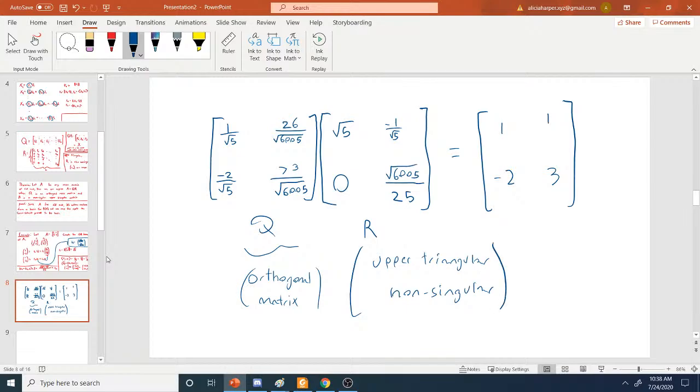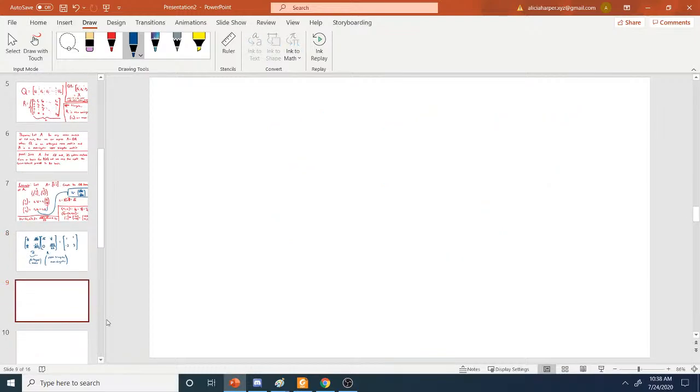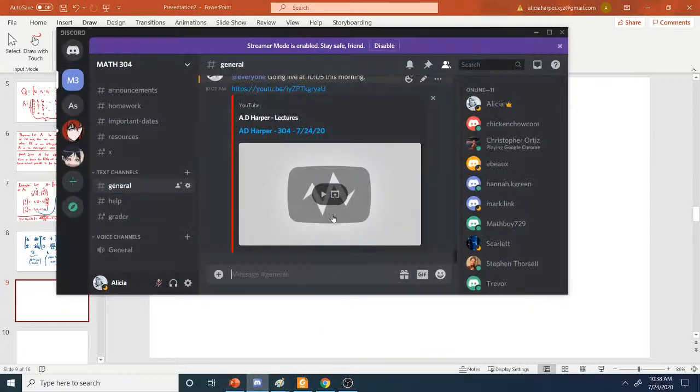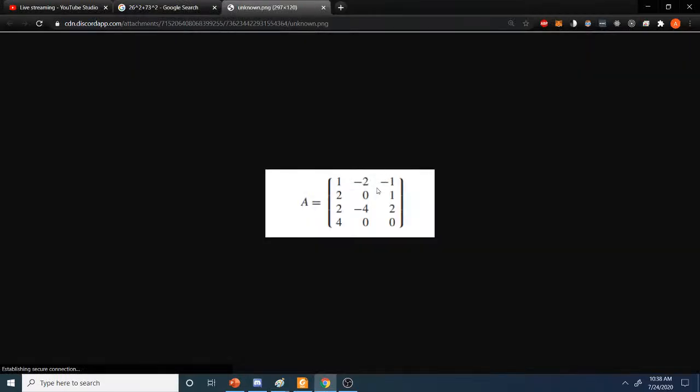Let's do another example. Well, actually, maybe I'll adapt one of the examples I gave last time.